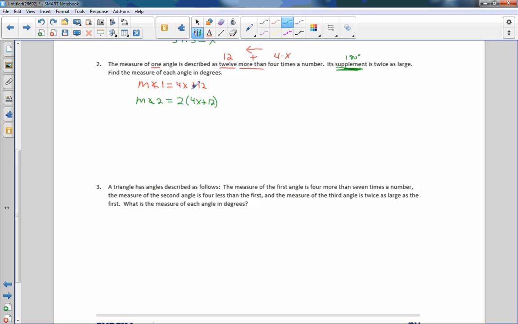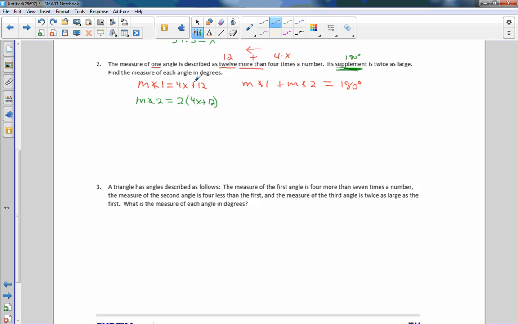Angle 2 is twice as large as angle 1, so we multiply it by 2. And they're supplements, so that means they add up to 180 degrees. So I'm going to take the measure of angle 1 plus the measure of angle 2 equals 180 degrees. And that is my formula that we're trying to solve.